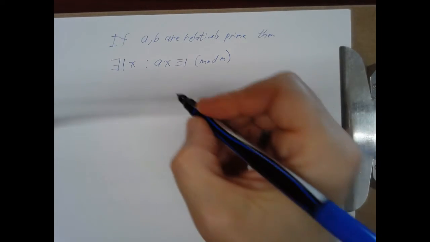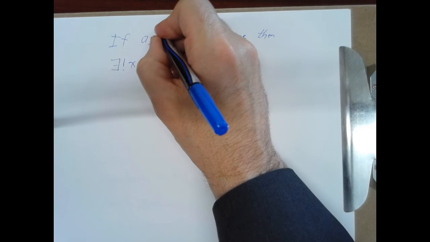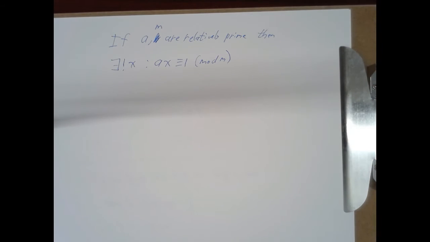In particular, if m is a prime number and a is not 0, then there's a unique x such that a times x is congruent to 1.